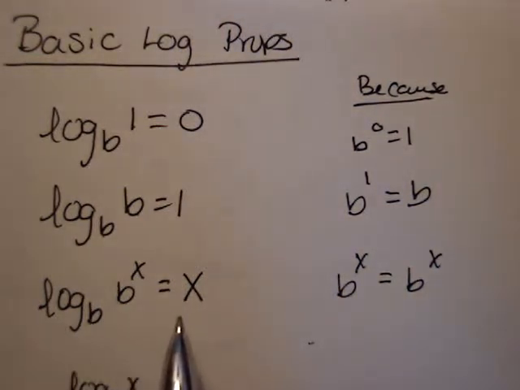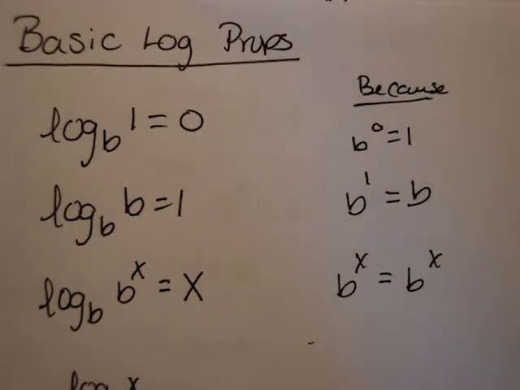This is also one of the inverse properties. Remember, logs and exponentials are inverses of each other, and we talked about this in class. So one way to think about it is if you apply a log to an exponential and they have the same base, so we're assuming that they have the same base, then you just get back where you started. It undoes what's been done.